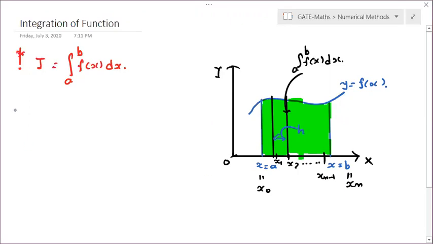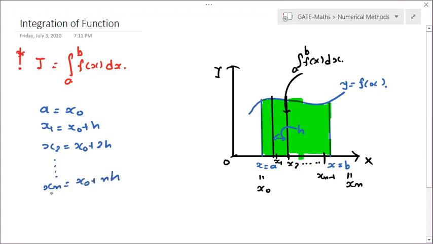So here I can say my first point a is x naught. Then my next point x1 will be x naught plus h. Then my next point x2 will be x naught plus 2h. In the same way, my last point xn will be x naught plus nh. xn is b, and x naught is a, so b equals a plus nh.